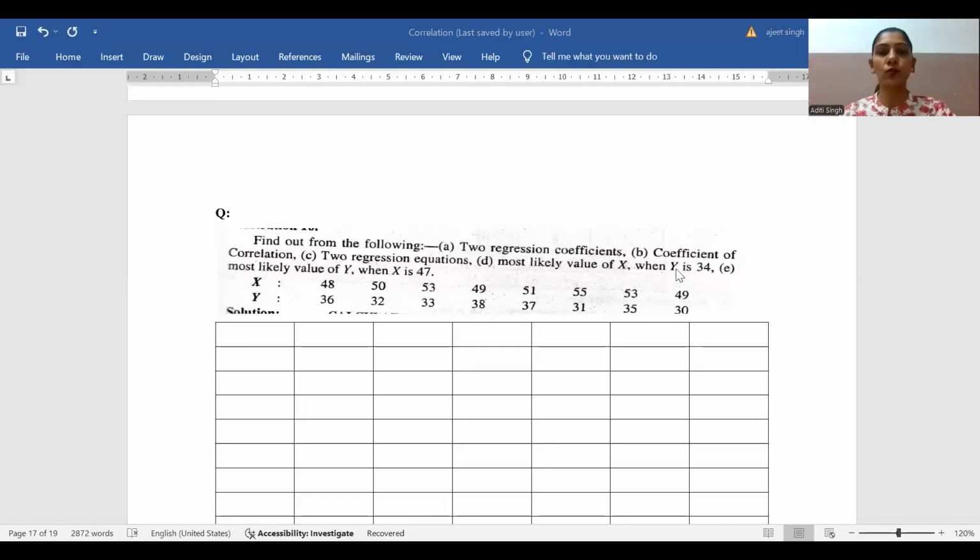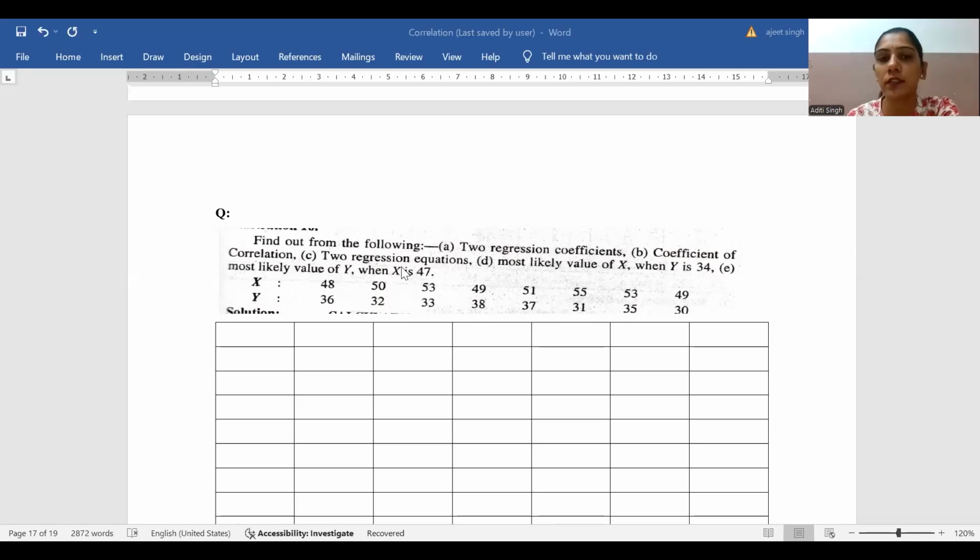Now let's do the next question of regression. In this question, as you can see on your screen, we have to find out the following from this given information of x and y series.